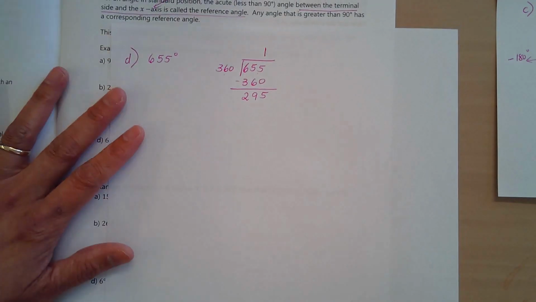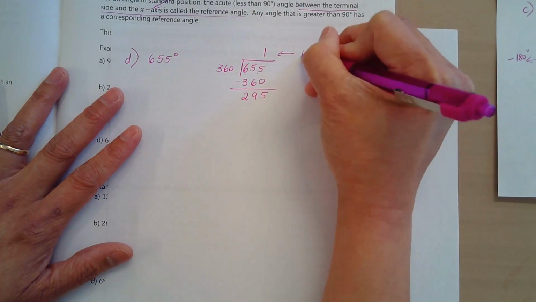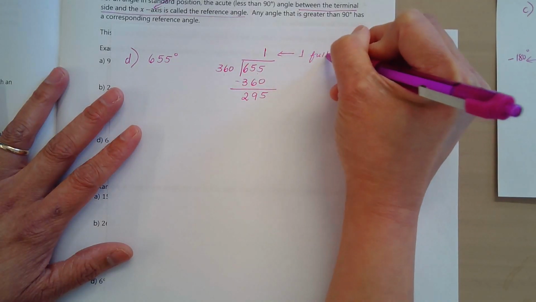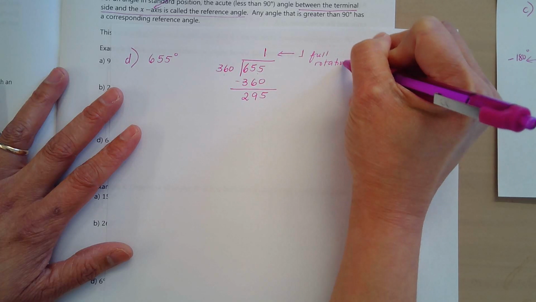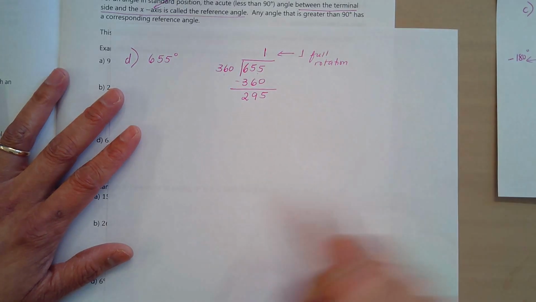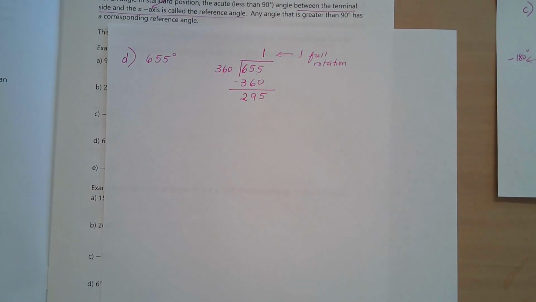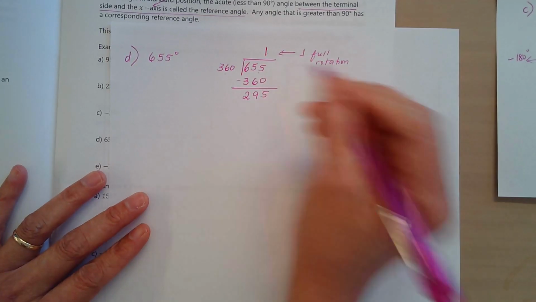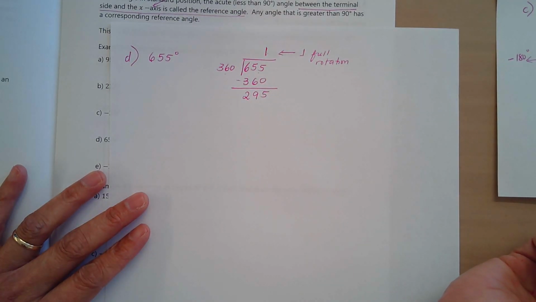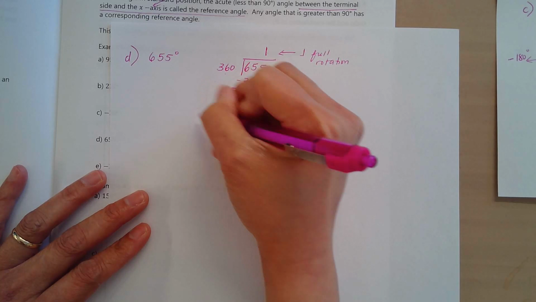So that means one full rotation, and then it doesn't stop there, it continues on for 295 degrees more, right? So what does that look like?